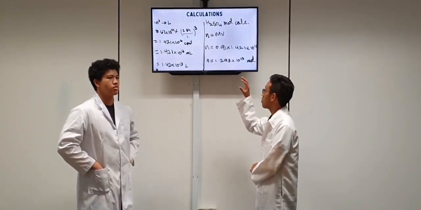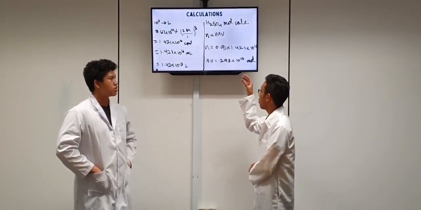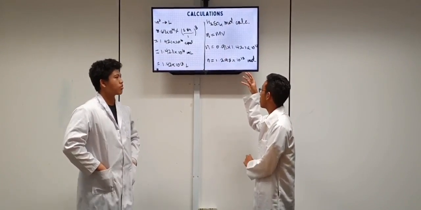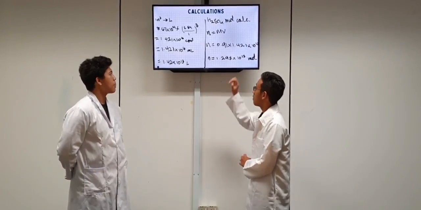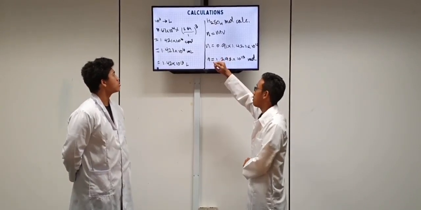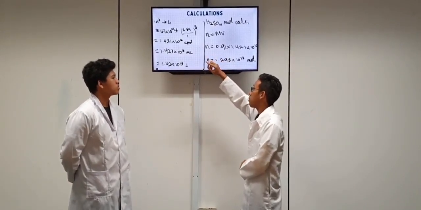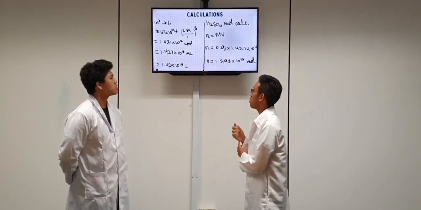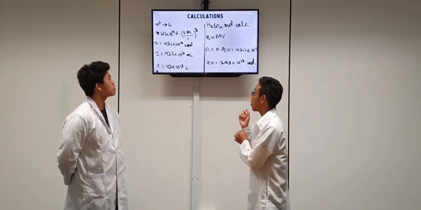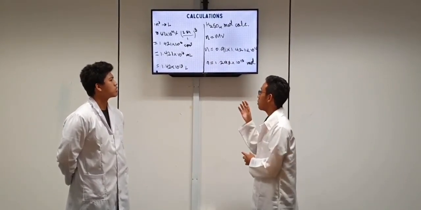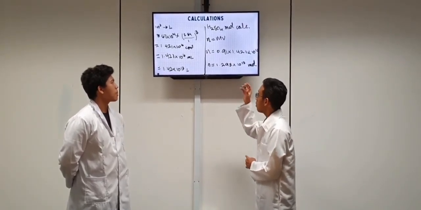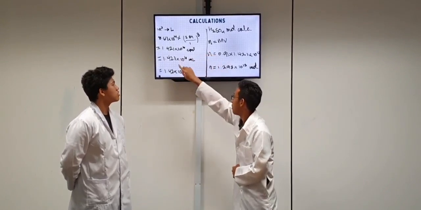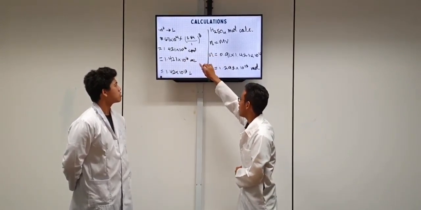So now we want to determine how many moles of H2SO4 molecules are in the lake. First of all, we know that the volume of the lake is 8.67 times 10 to the power of 14 inch cube. So we need to convert it into cm cube. So we will get this value and we will convert it into liter.